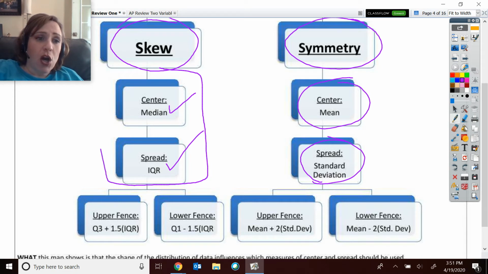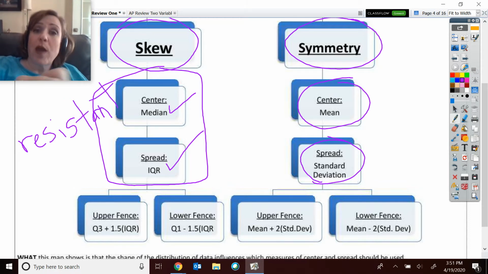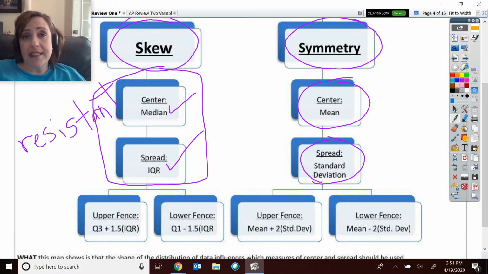Median and IQR are resistant to the skew, resistant to outliers, and yet symmetry, the mean and standard deviation are not resistant. Therefore, we can only use those in the event of symmetry.